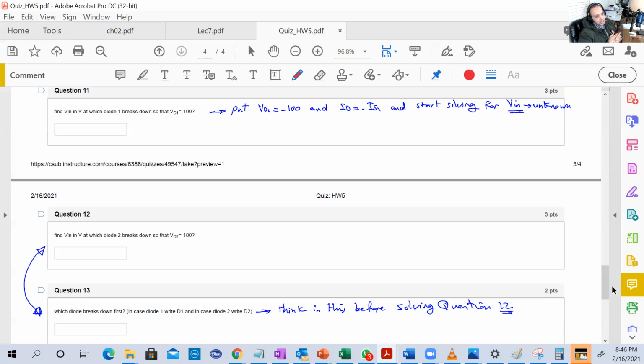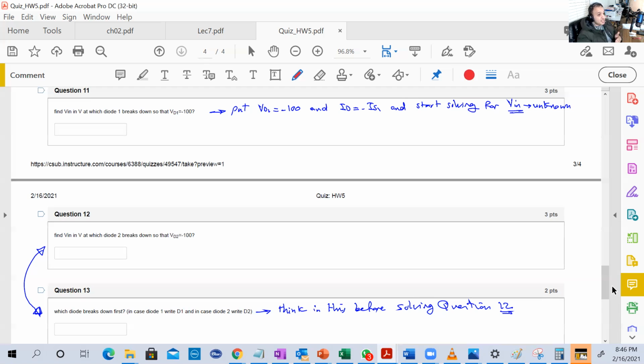So basically in here, okay, you should figure out which one will lead, or you know, guess, at least guess, not as a fact, that one of them will lead, okay, or will go to breakdown first.